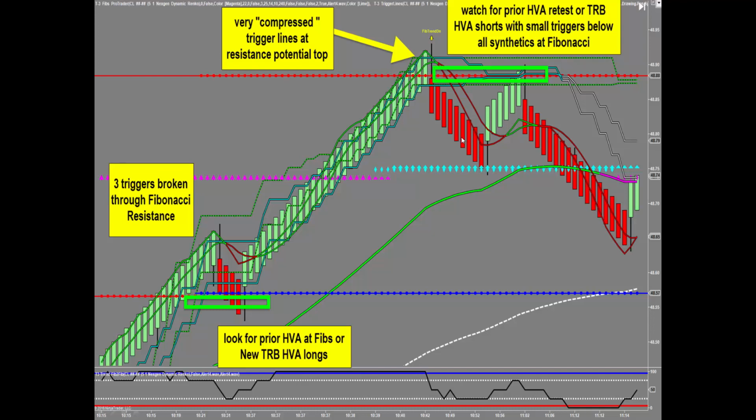If it's at 90 and it takes off really quickly, as you come back to retest that high volume area with all your trigger lines below, you're going to be able to be much more confident that you're going to be able to sell 88 or 89 or wherever the high volume area is to get this short trade. So again, this one is compressed triggers, strong push down to support, retest of your high volume area with your small triggers below all your synthetic triggers, looking for short trades.